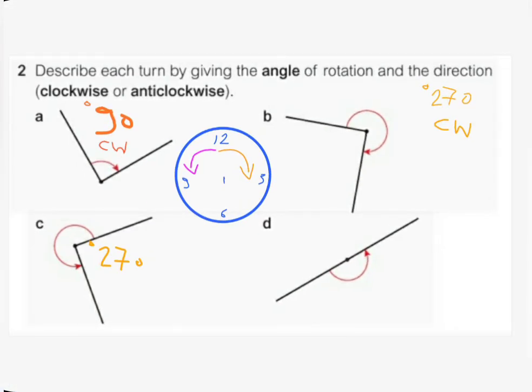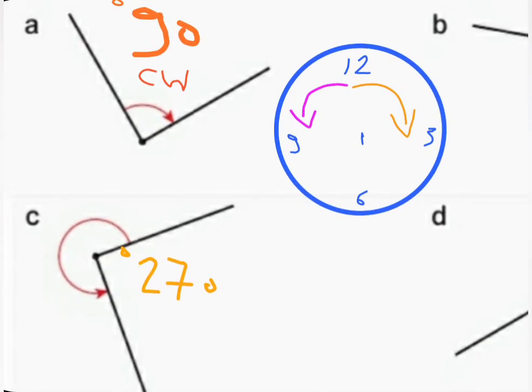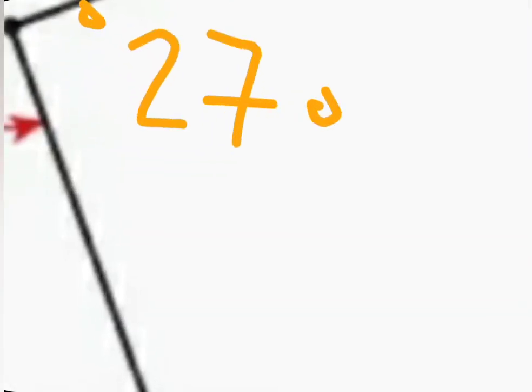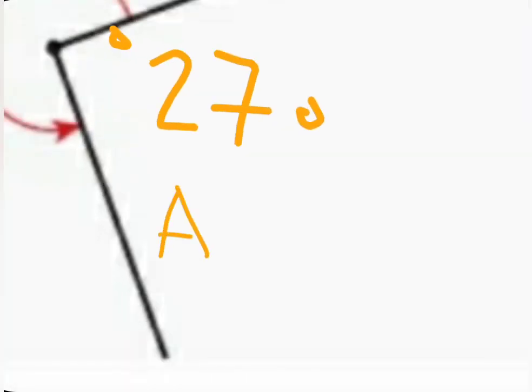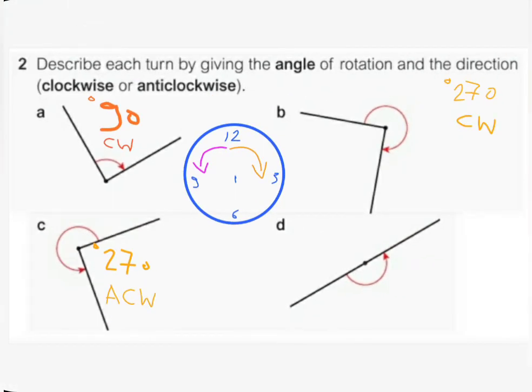Now, what about the direction of the rotation? Does it look like the clockwise or the anti-clockwise? Very good. It looks like the anti-clockwise. So it's going to be anti-clockwise. Very good. Now, the last shape is D.